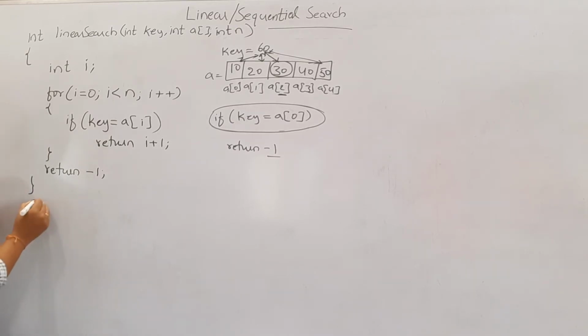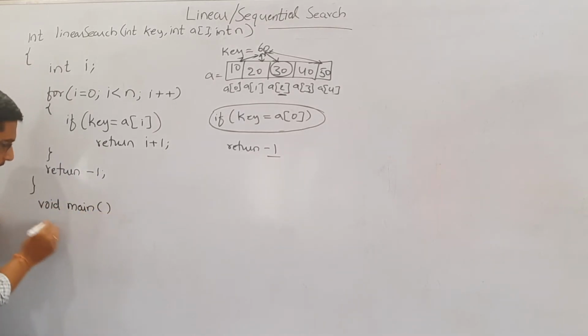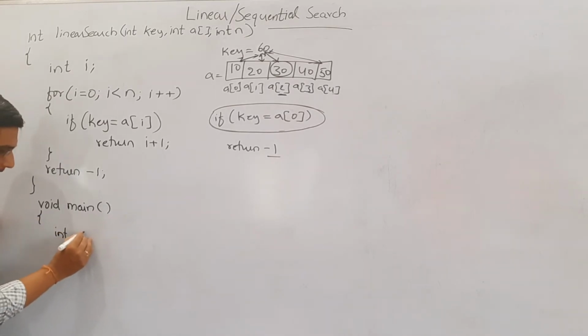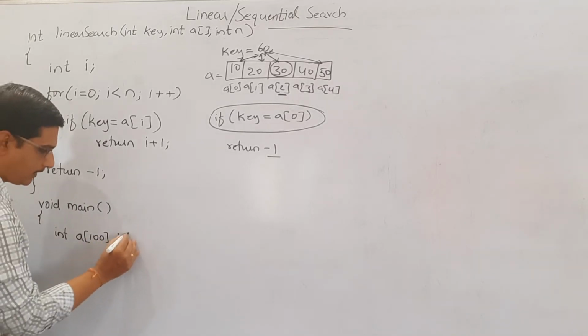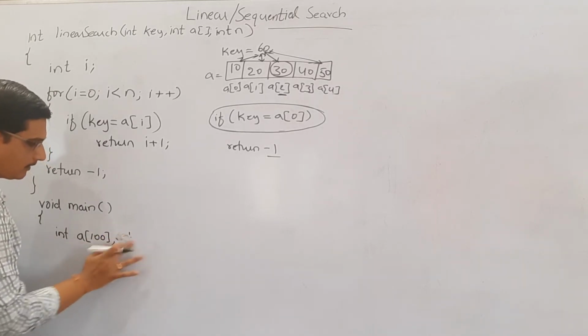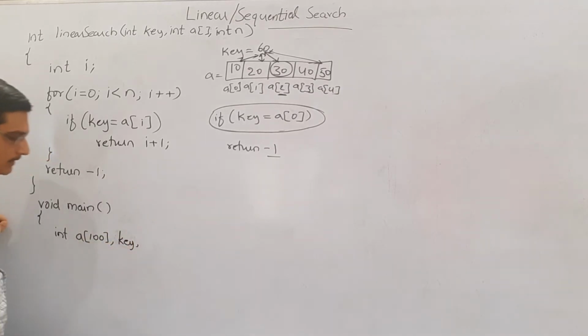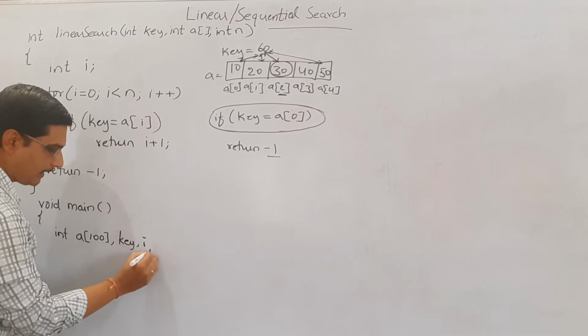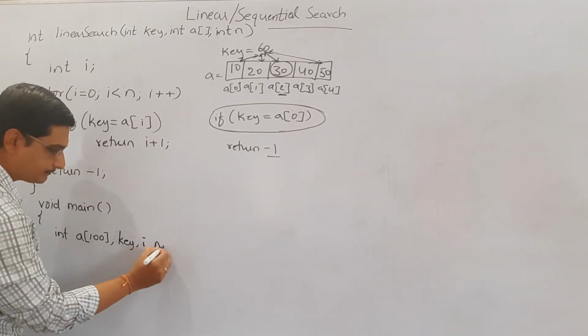We'll complete this program. We can call this function from the main function, void main. What are the different variables we require here? Int a of say 100, an array. A key which we are going to search, then index variable i and the number of elements in the array, say n.